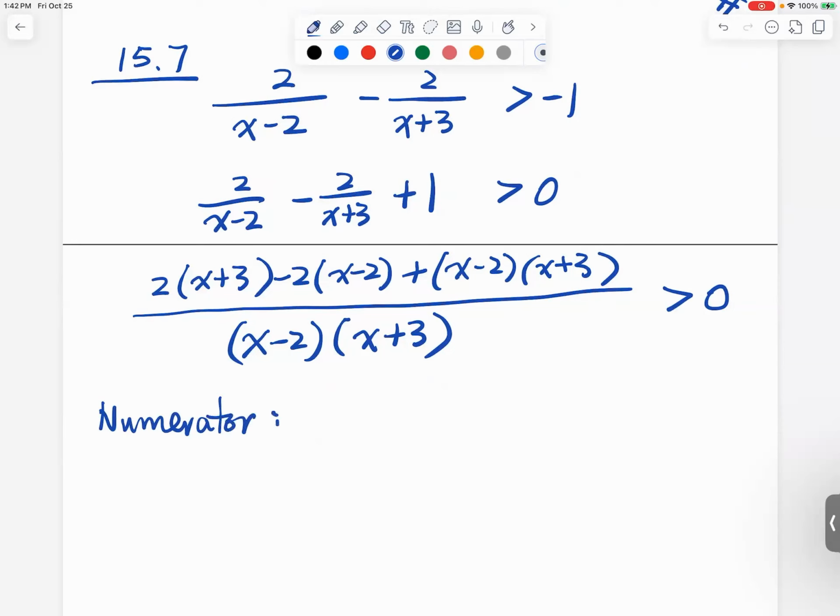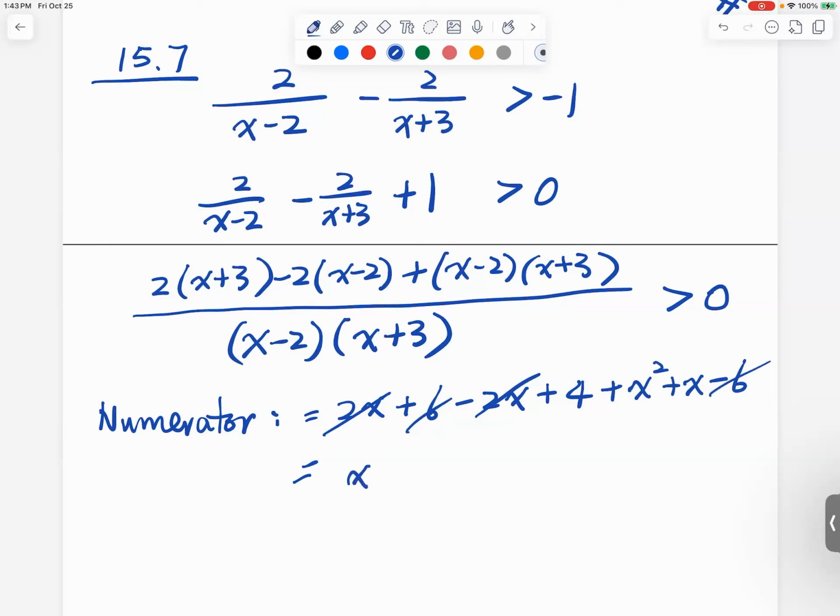We can simplify it as 2x plus 6 minus 2x plus 4 plus x squared plus x minus 6. So 2x cancels, 6 cancels, and we have x squared plus x plus 4.